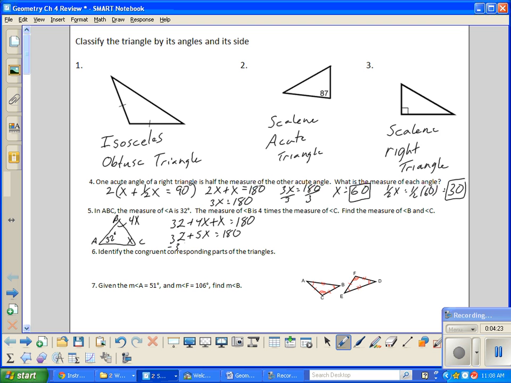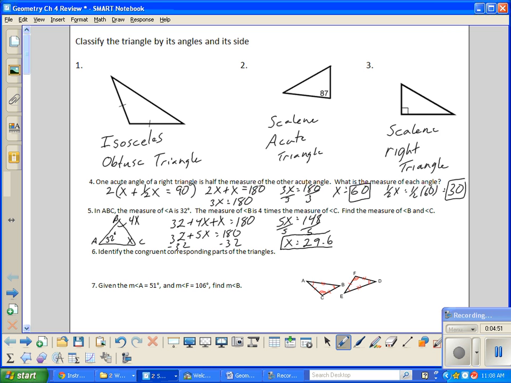So subtract the 32 from both sides. So that gives us 5x is equal to 148. Divide both sides by the 5. And so x is going to equal 29.6.